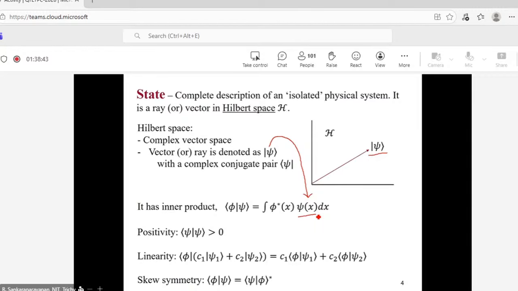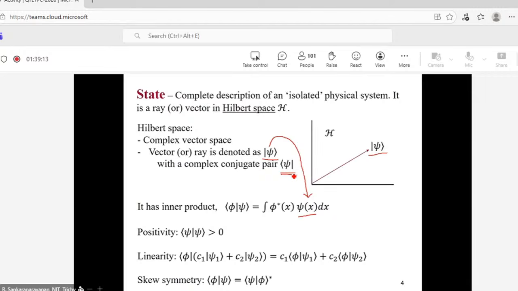So psi is basically a mathematical, complex, abstract object. For every state vector psi, you have a complex conjugate pair, called the bra psi, while this one is called the ket psi. These two notations were introduced by Paul Dirac. Combined, we call it the bracket notation.